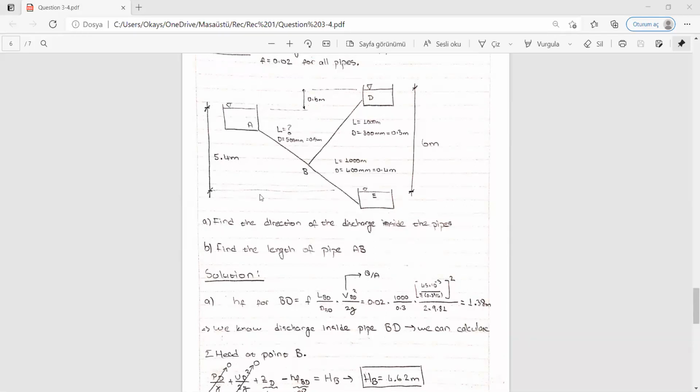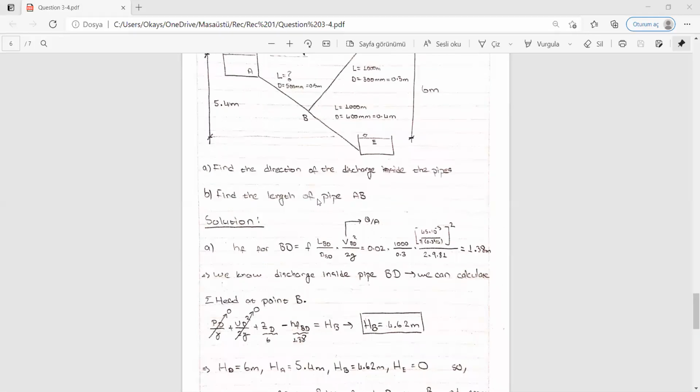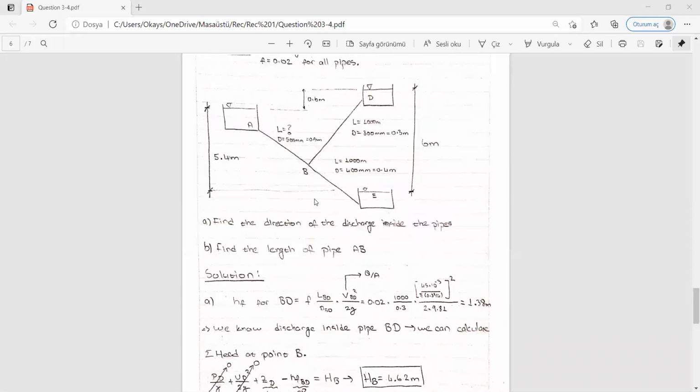We accept point E as a datum, so we accept its elevation head as 0 and make our calculations according to that. For the directions, point D has the highest head at 6 meters. Point A has 5.4 meters of head.